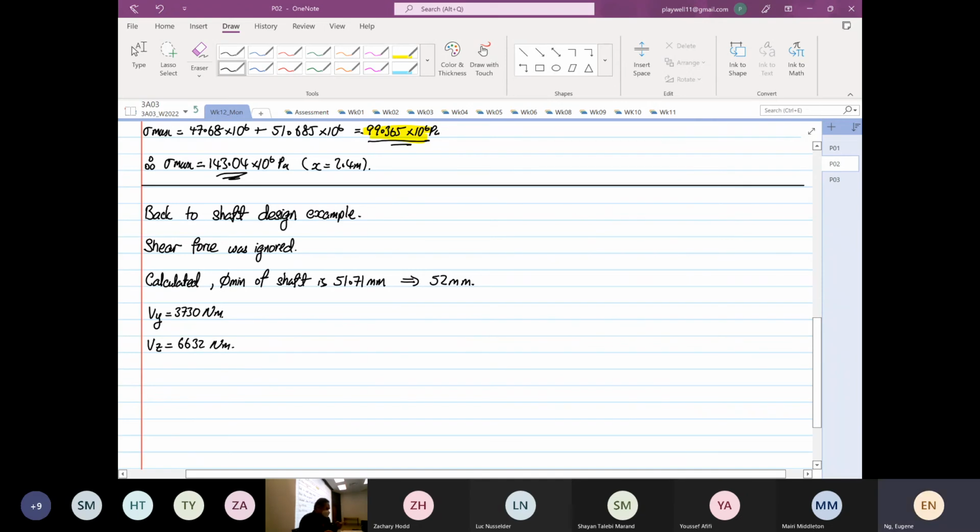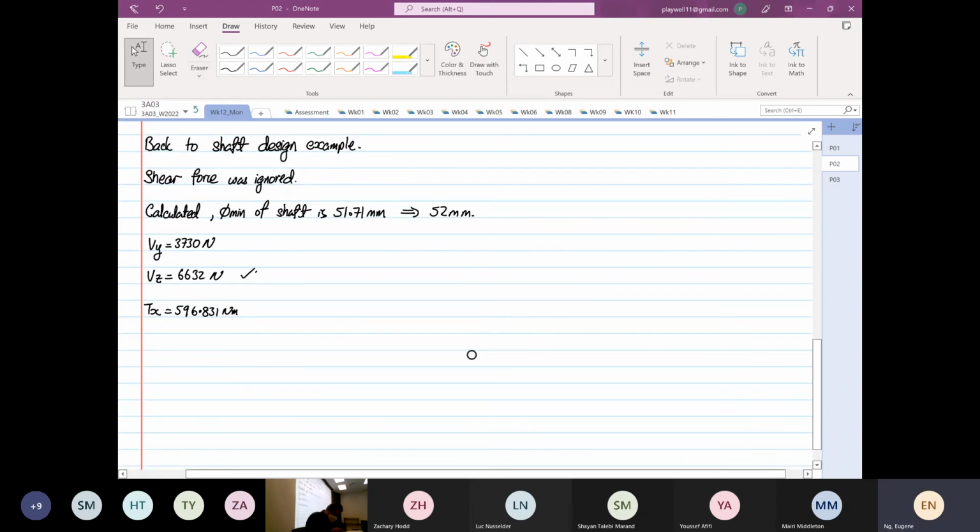And we know that they are acting in different locations, right? 6632 is not in the same position as the 3730. So we only will use the higher value, okay? And we know the torque in the x direction, the maximum, is 596.831 Newton meter. I apologize.